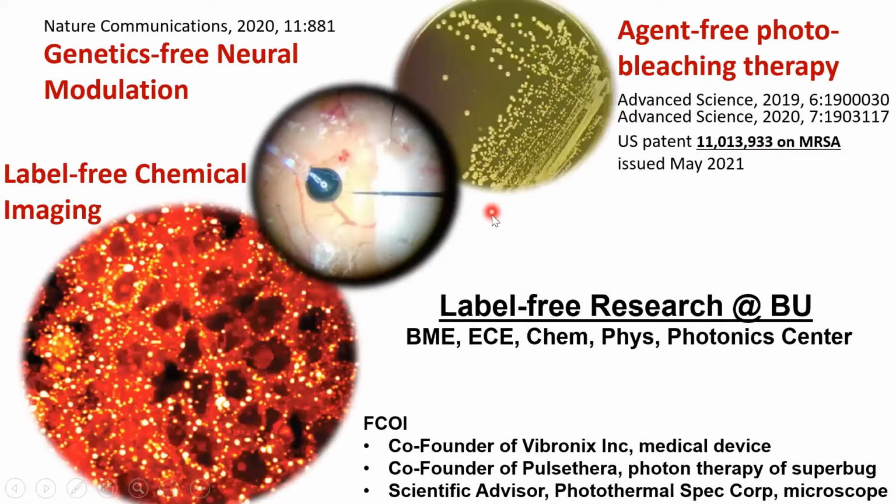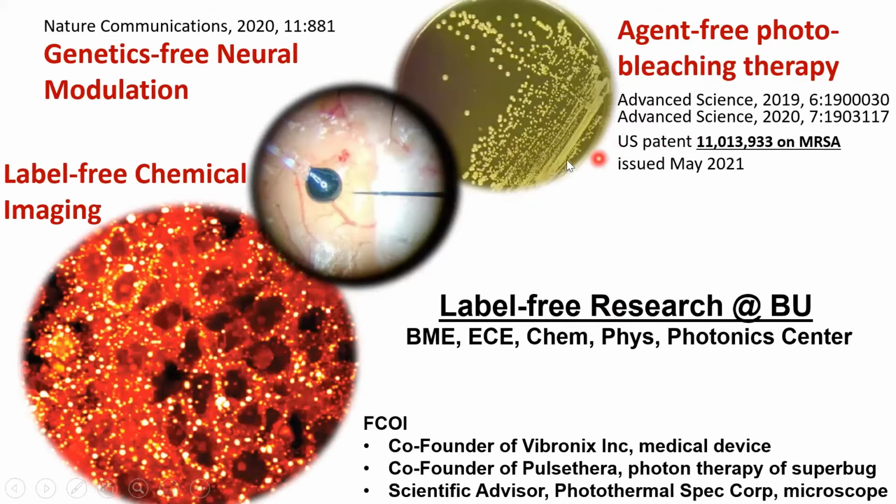My research is featured by label-free. So the major direction is label-free chemical imaging, which I'm going to present today. Since we moved to Boston University, we have two new directions. One is called genetics-free neuromodulation based on optoacoustic effect. So this is to compare with the optogenetics approach.